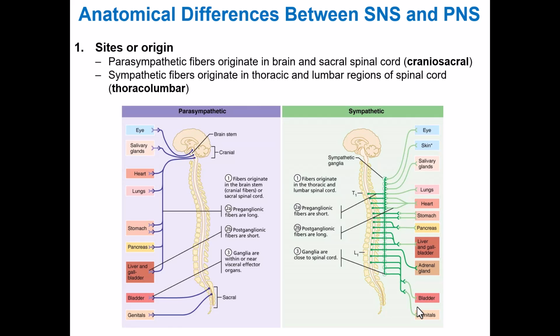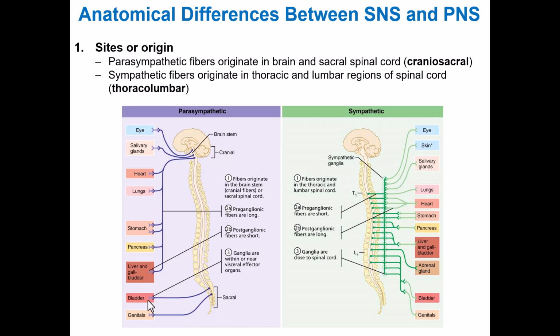If you look at the parasympathetic division on the left, you see that there are motor neurons that are leaving the brainstem and headed to particular effector organs. And then there are motor neurons leaving the sacral division or the sacral part of the spinal cord, headed to a different group of effector organs.